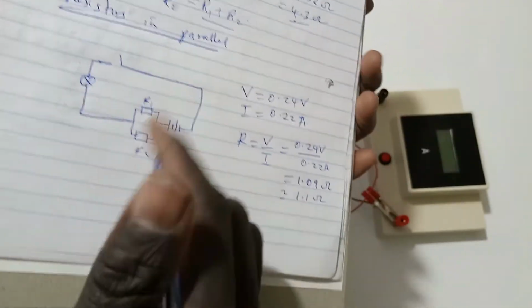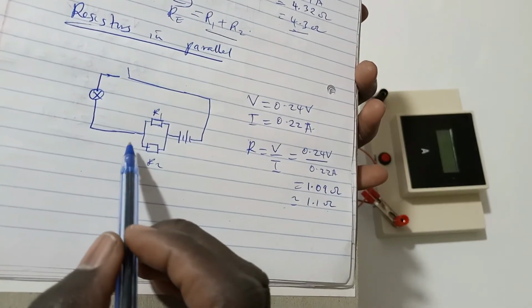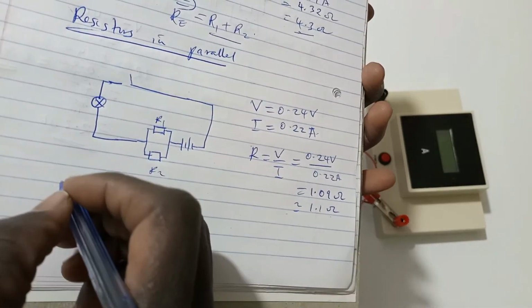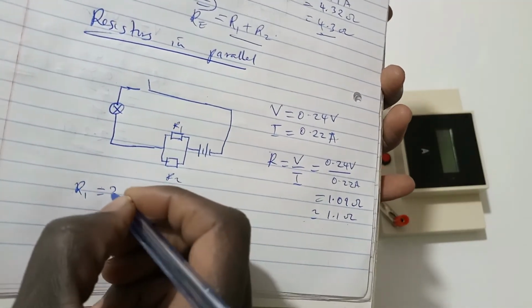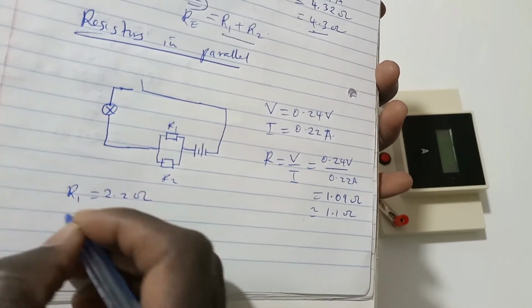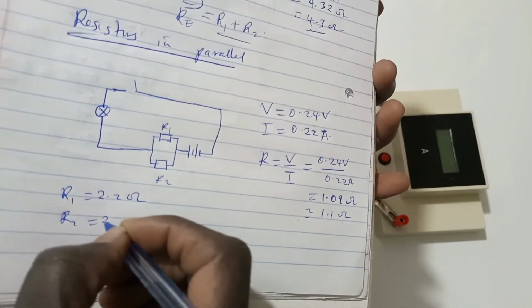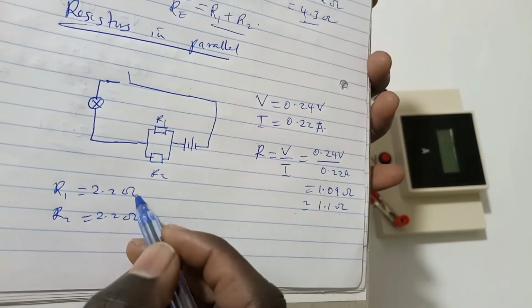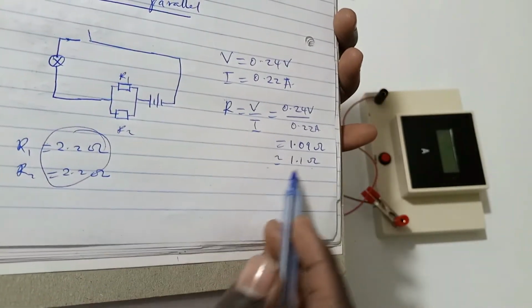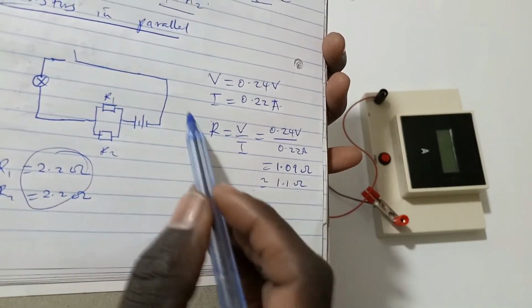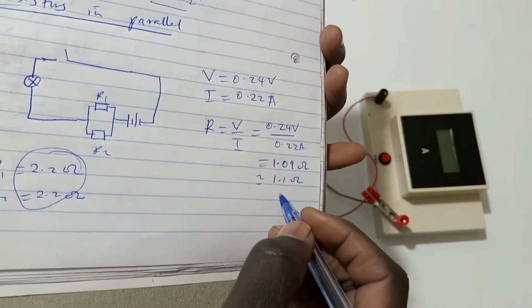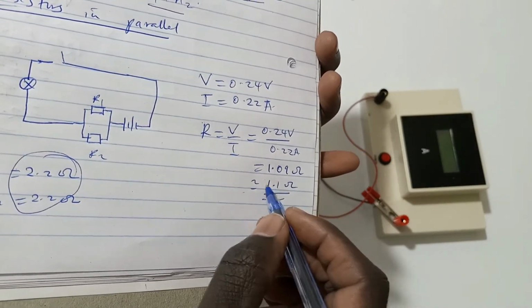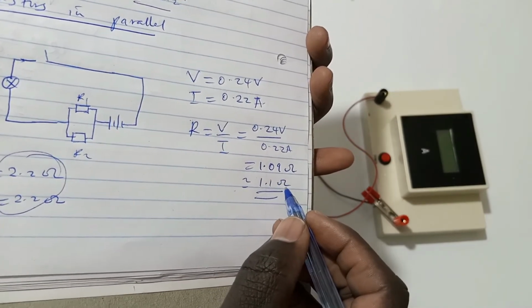Now remember, from the theoretical values, resistor 1 is 2.2 ohms, resistor 2 is 2.2 ohms. When they are in parallel, the combined resistance is 1.1 ohms.